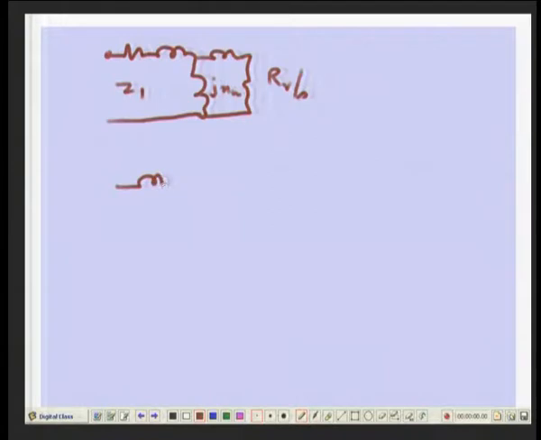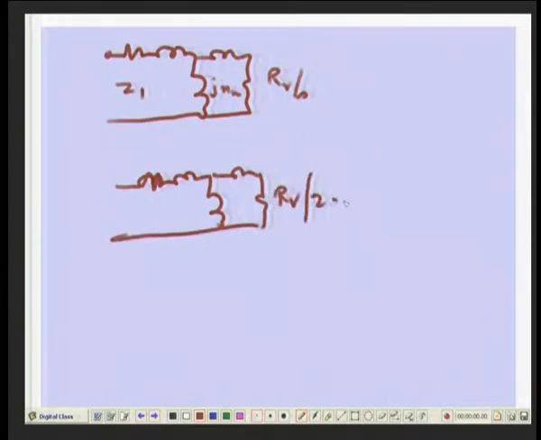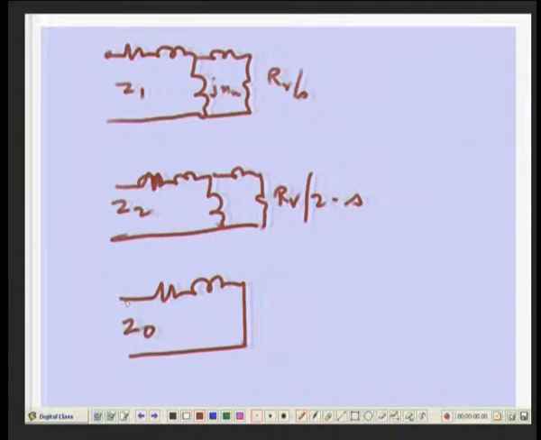And this is, same thing, RR over 2 minus S, this is Z2, and the Z naught is this Z naught, okay. You are aware.